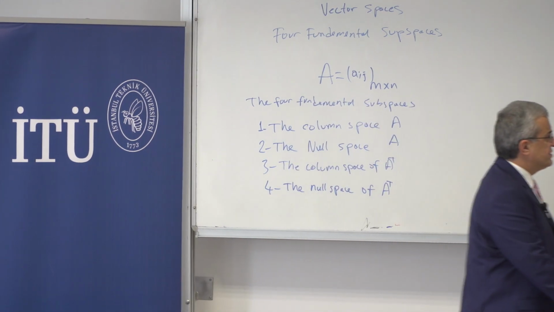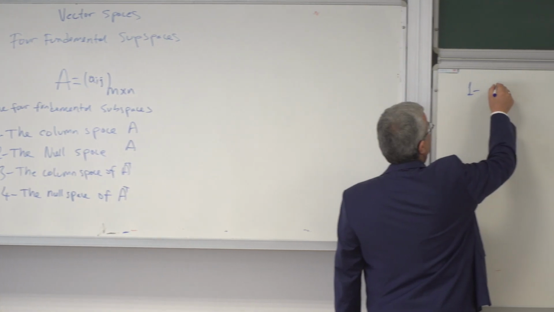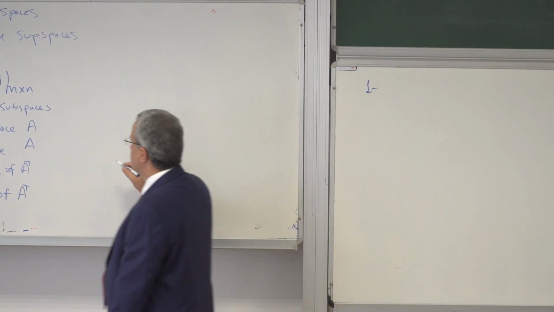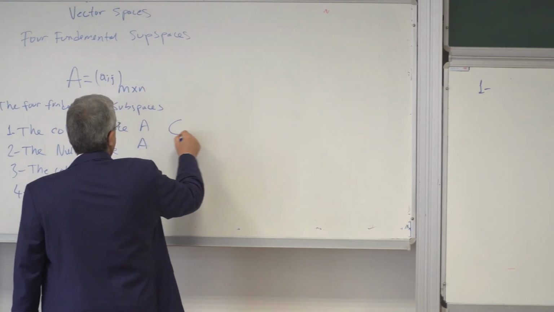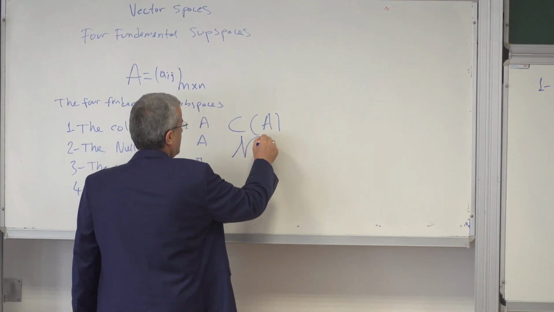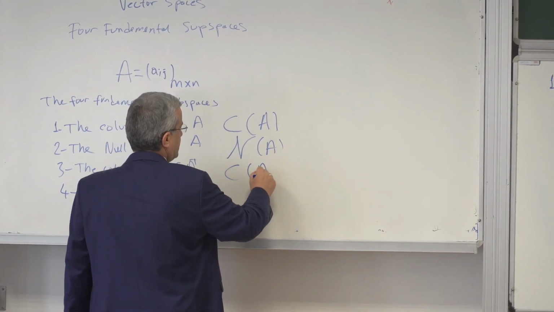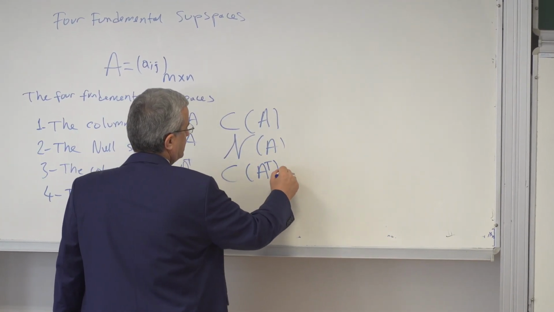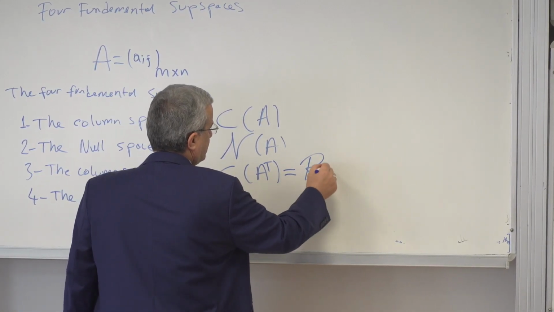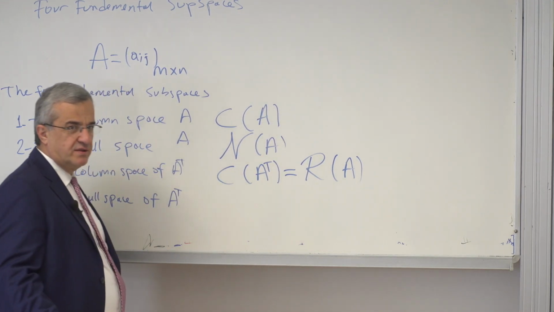Let's remember what these are. So one, we call this CA, right? We call this NA. We call this CA transpose, or I also sometimes call this row space of A, right?